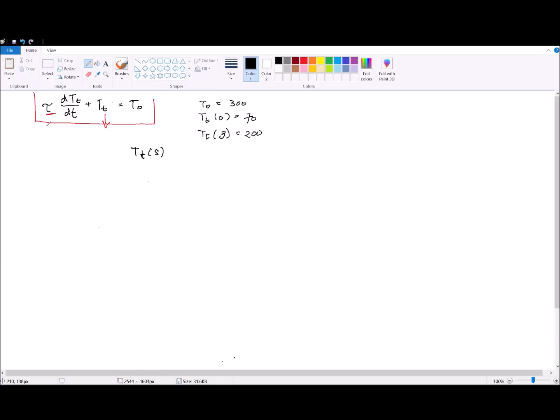Now I will Laplace the first term. Tau is a constant, so it doesn't change anything in the Laplace transformation.